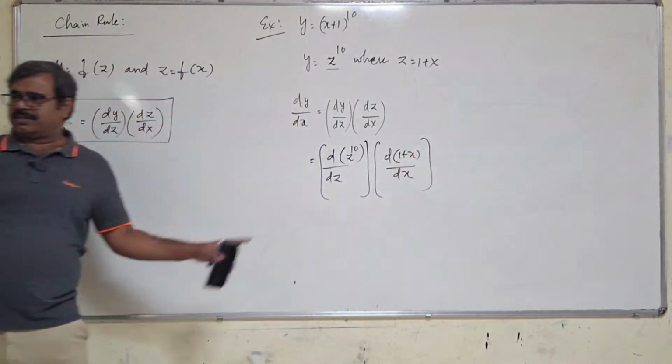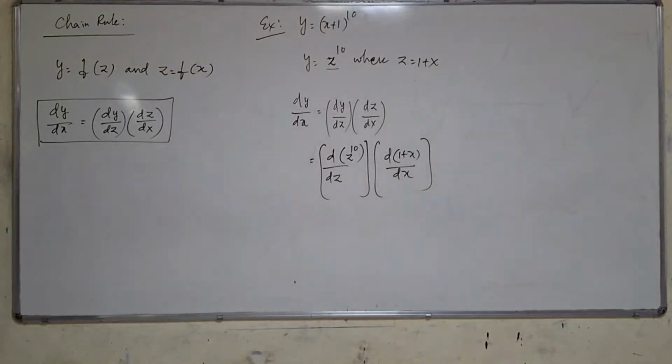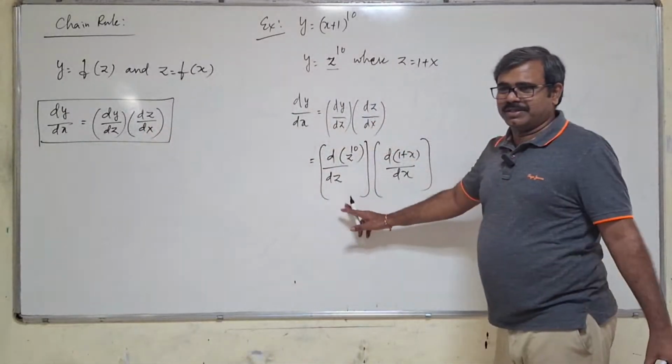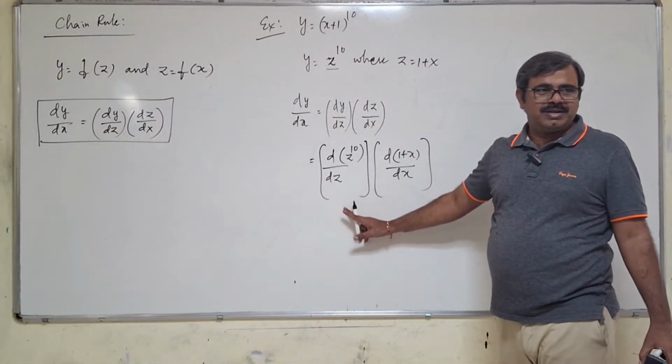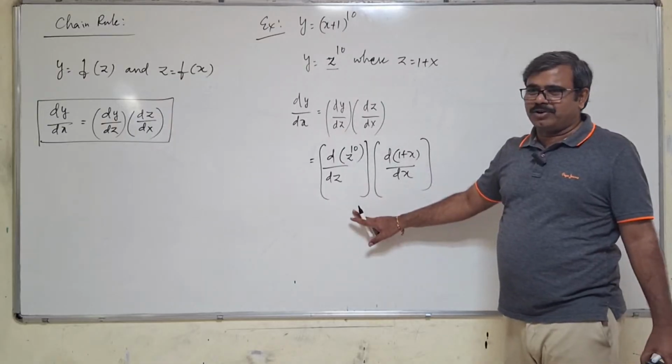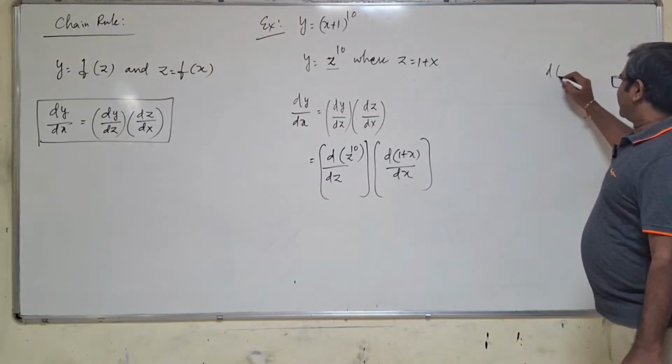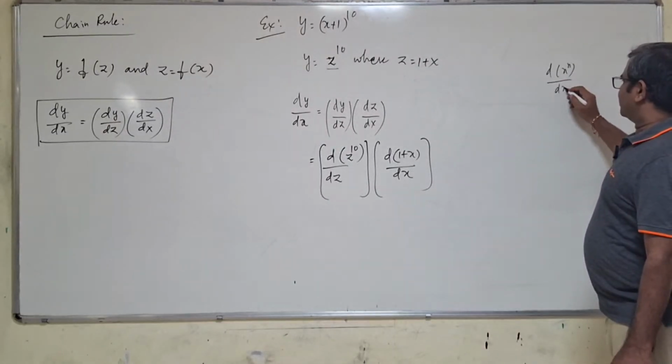Do you understand this? Now, we know the formula for this. Do we know the formula? d x power n by dx formula. What is it?